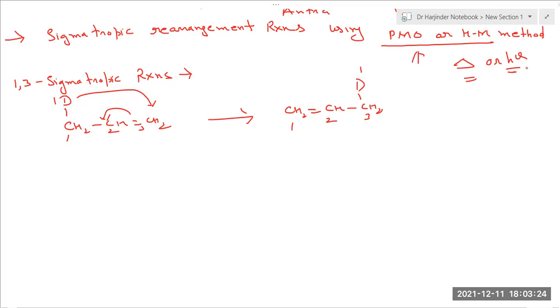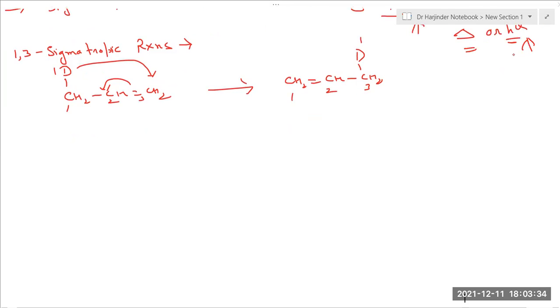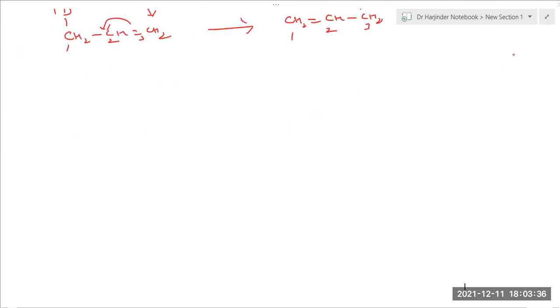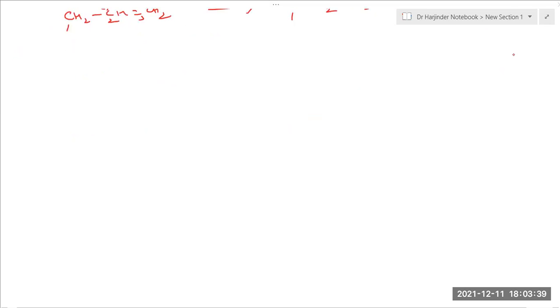And you know that 1,3 sigmatropic shift takes place under photochemical conditions in a suprafacial manner. Okay, so what do we do in the PMO or HM method? This is the third time we are doing it. One in electrocyclic reactions, second we did in cycloaddition, now it is the third time.